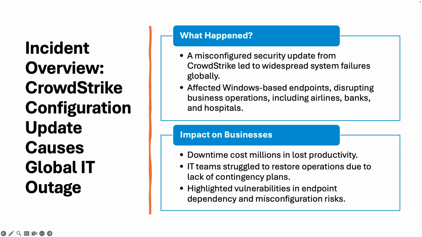The worst part is that it is a low-level driver which affects the kernel of Windows, so many Windows-based endpoints got the blue screen. It affected many big businesses, including airlines, banks, and hospitals.